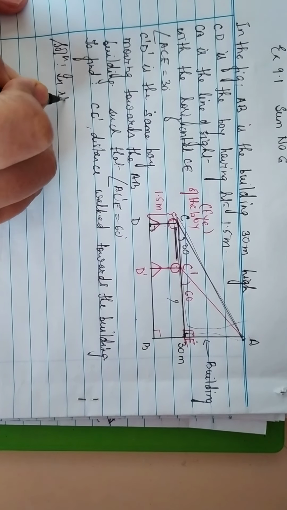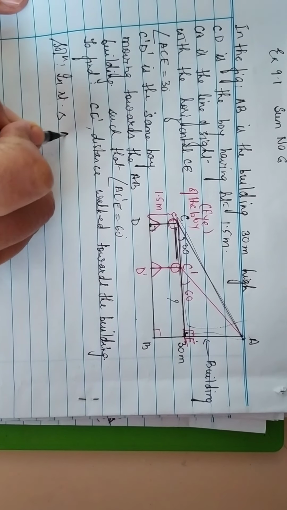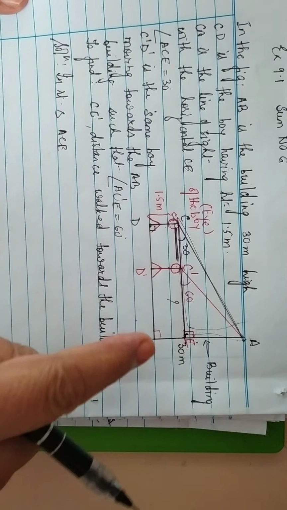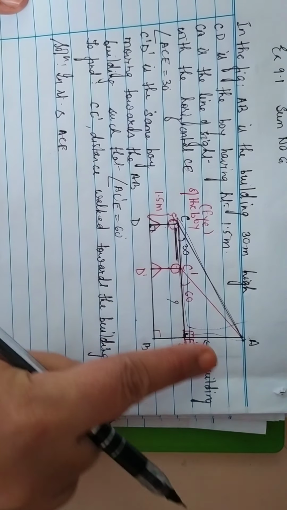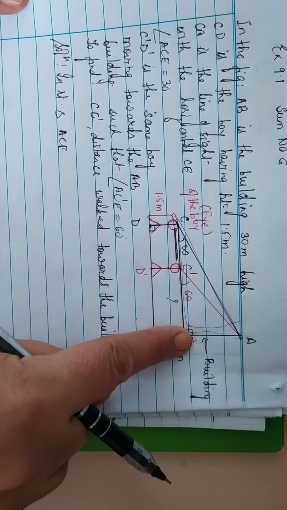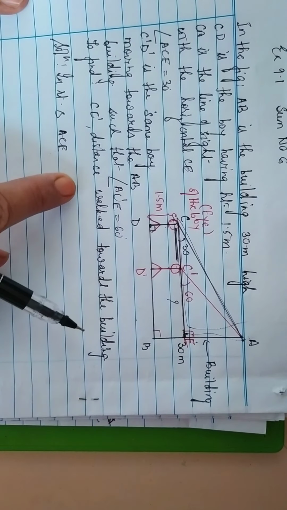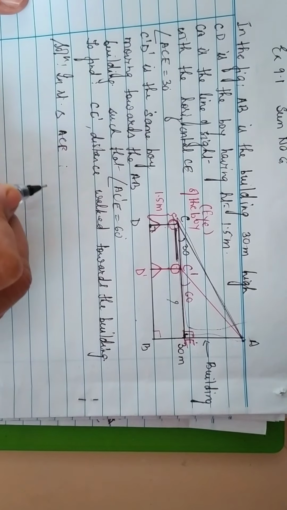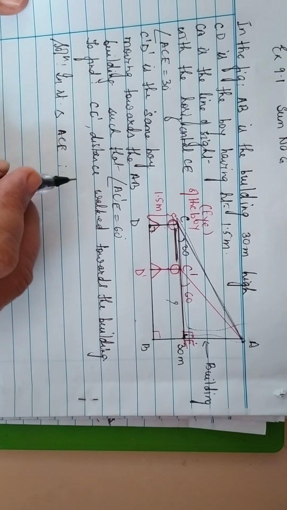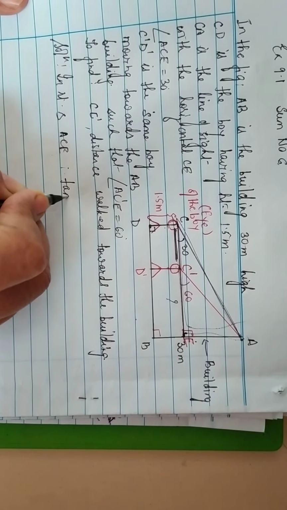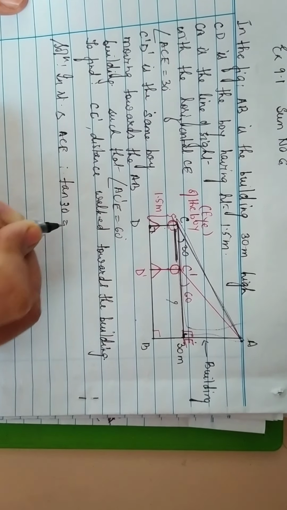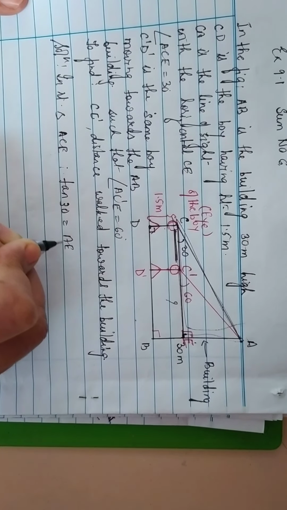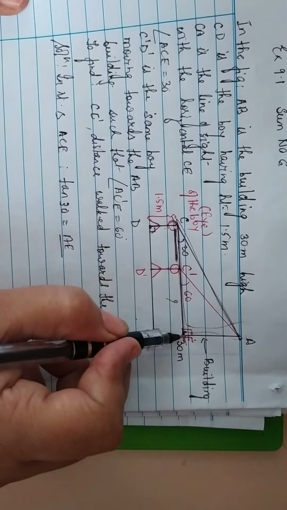In right triangle ACE, we have to take length AE. This length AE we will find out in this manner by first taking the trigonometric ratios. In right triangle ACE, tan 30 is equal to opposite AE upon the adjacent.